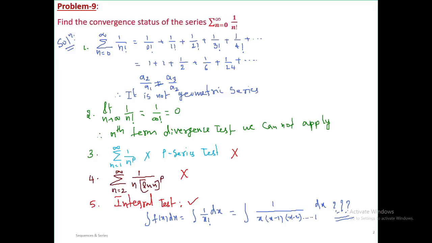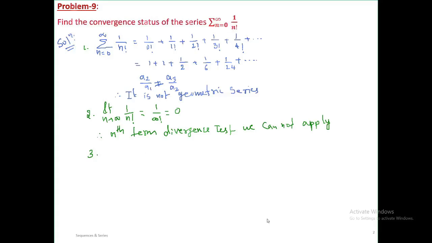Okay. Then let's move on to the next available test, the comparison test. So by the comparison test, what do we have? The series n running from 0 to infinity of 1 upon n factorial.